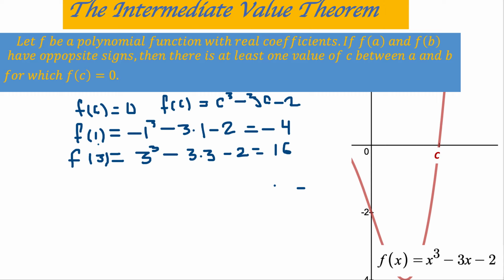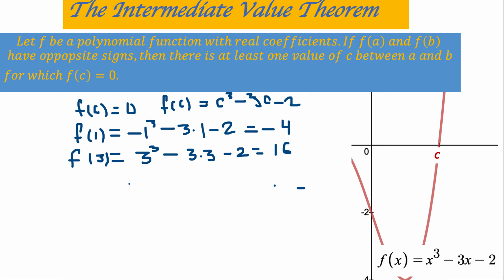And now we see f of b, as we said, is positive. F of a is negative. So the theorem says f of c should be between them. So it says in this interval between a and b, there is an element c that satisfies f of c equal to 0.